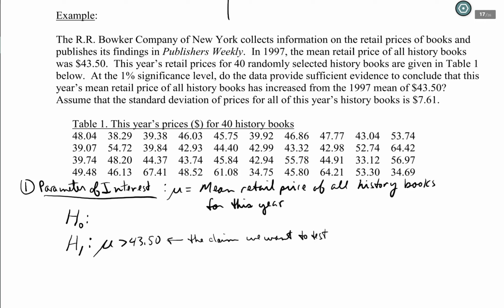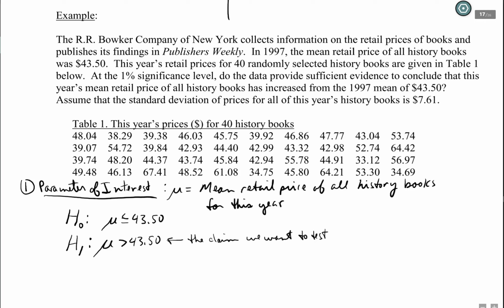But if H1 is that mu is bigger than 43.5, H0 is that mu is less than or equal to 43.5. Okay, that's my null hypothesis.